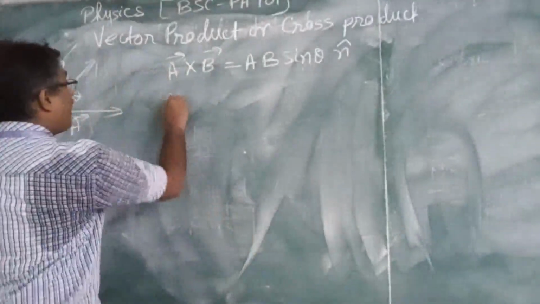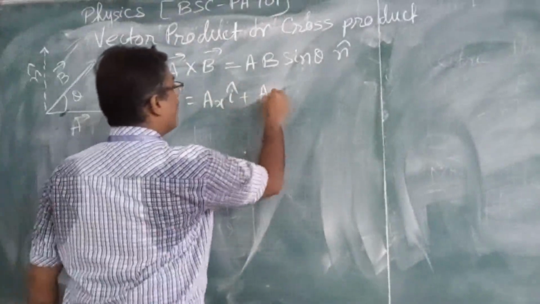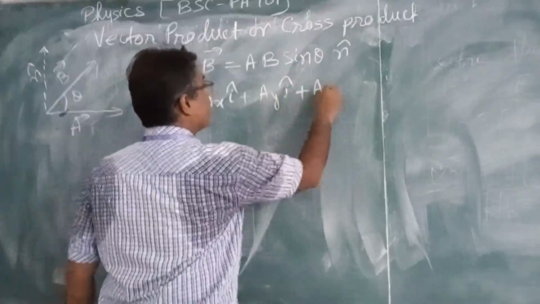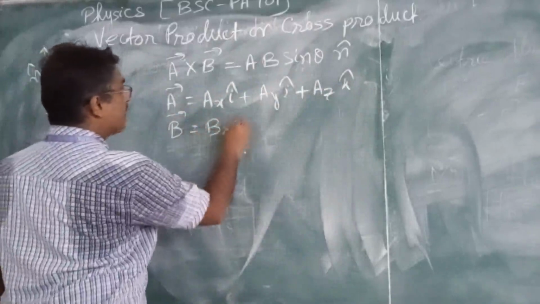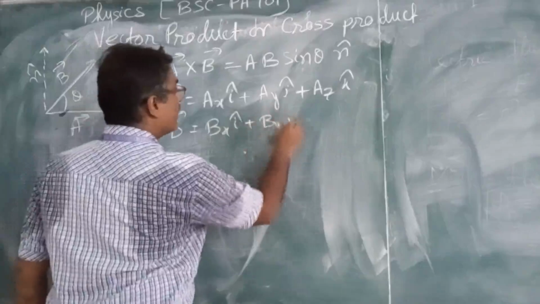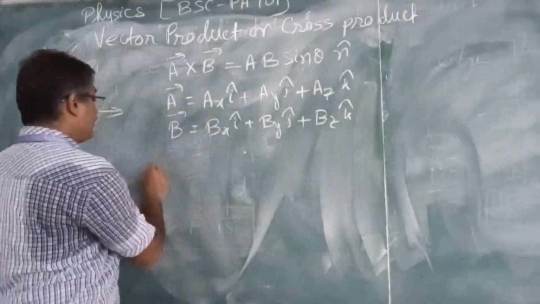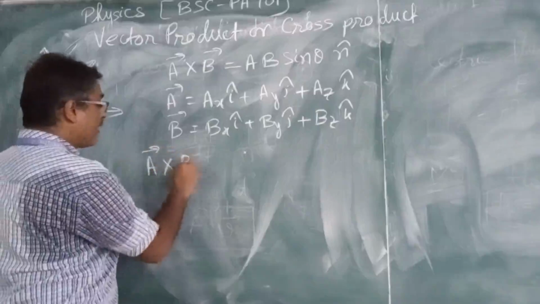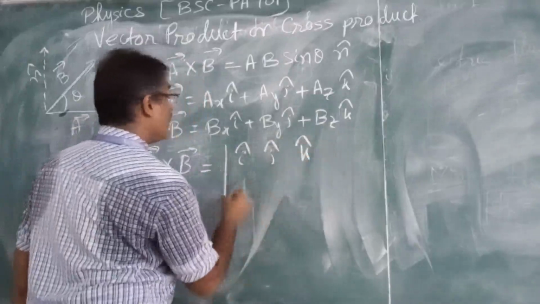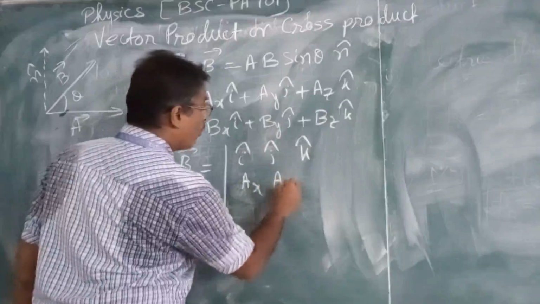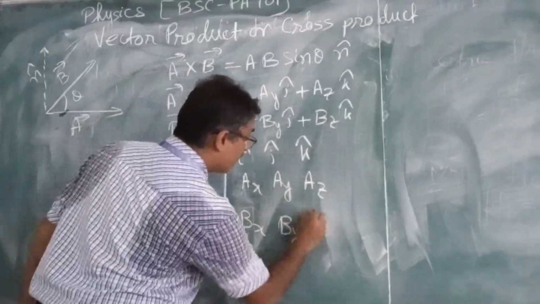If A equals AX i cap plus AY j cap plus AZ k cap and B equals BX i cap plus BY j cap plus BZ k cap, then A cross B equals the determinant with rows i cap, j cap, k cap; AX, AY, AZ; BX, BY, BZ.